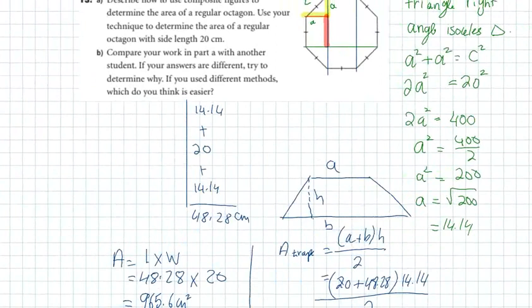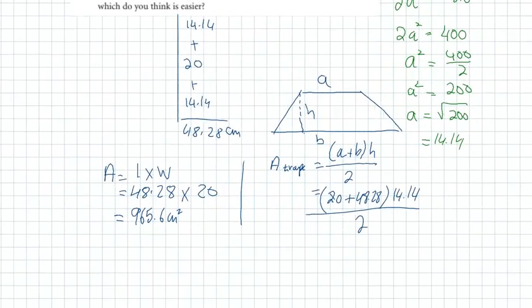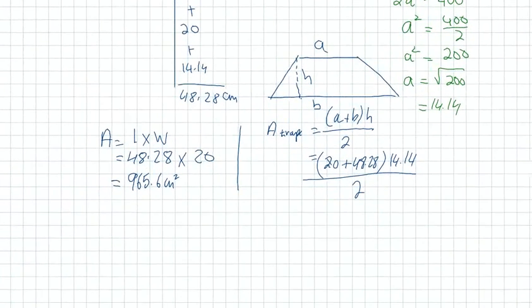Technically, I don't have to divide by 2 because I have 2 trapezoids, okay? So I'm going to erase this division by 2 because I'm going to write here: why would I do the work twice, right? I have 2 trapezoids, so I'm going to multiply 2 times the area of the trapezoid.